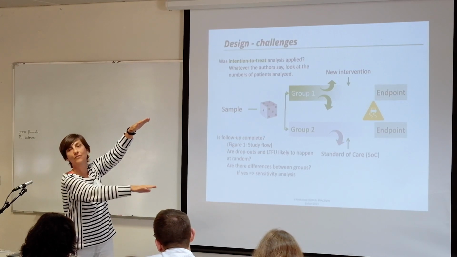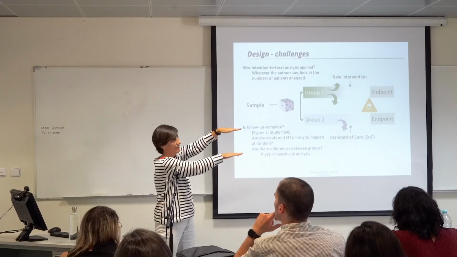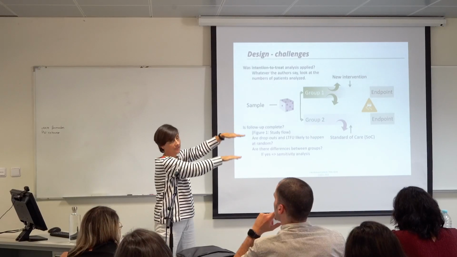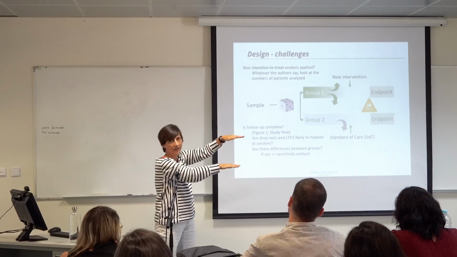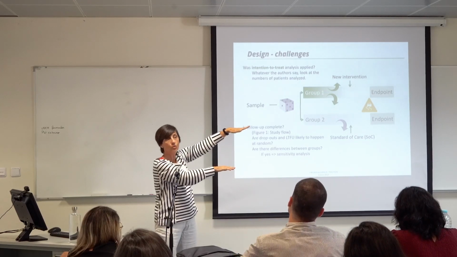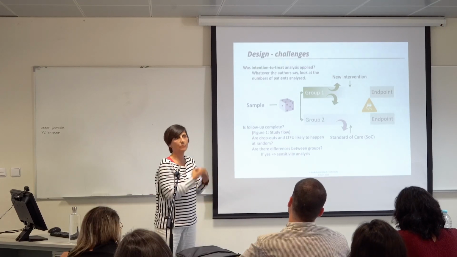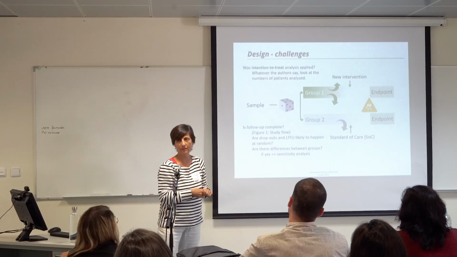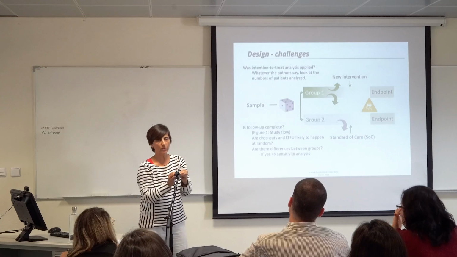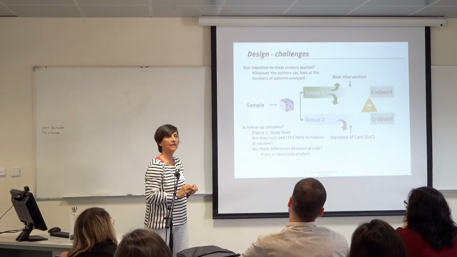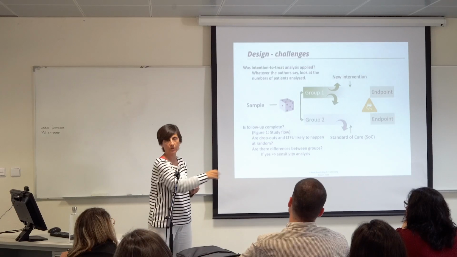So in standard of care, I'm going to get a lot of good effect, right? So at the end, the two interventions are going to look similar. So if mindfulness is still good, that means that my hypothesis was correct, that mindfulness is better than standard of care. So intention to treat means I randomize them to group A, and I analyze the effect in group A, even if they went to the other.